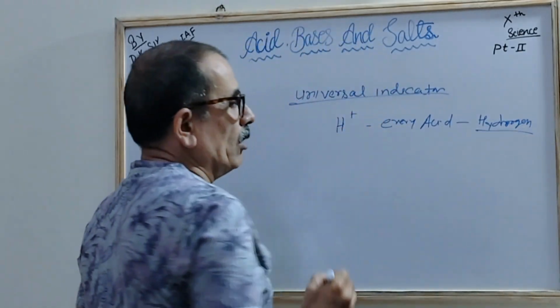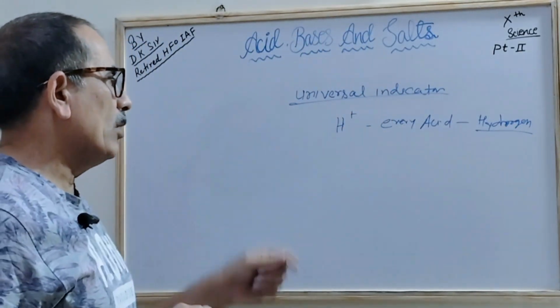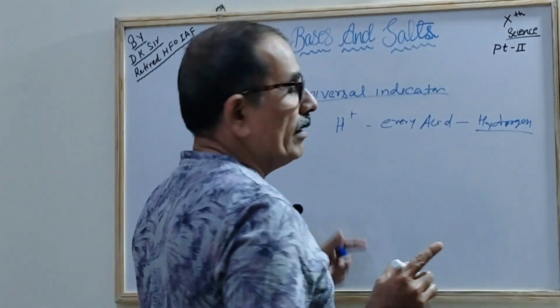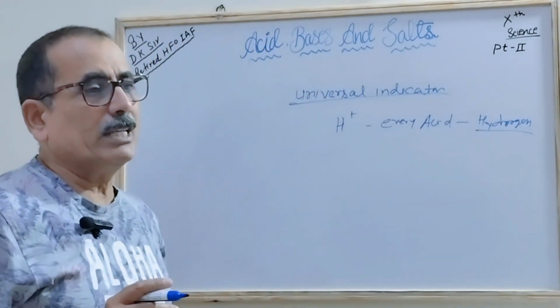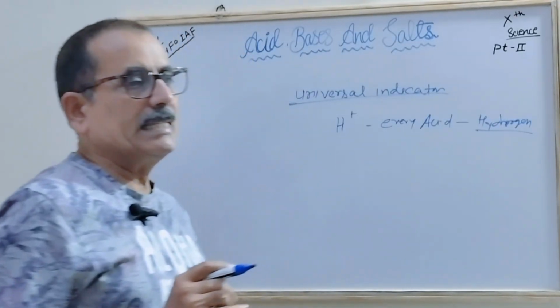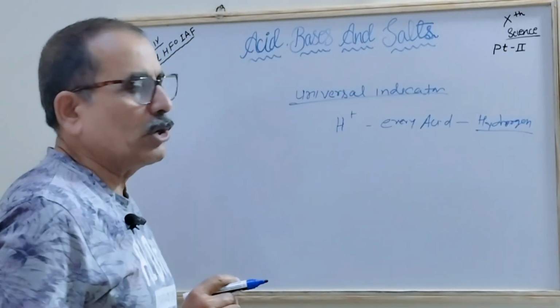When we put it into water, the acid breaks down and makes H plus. When the H plus is much more, 100% is there, we say the acid is a stronger acid.